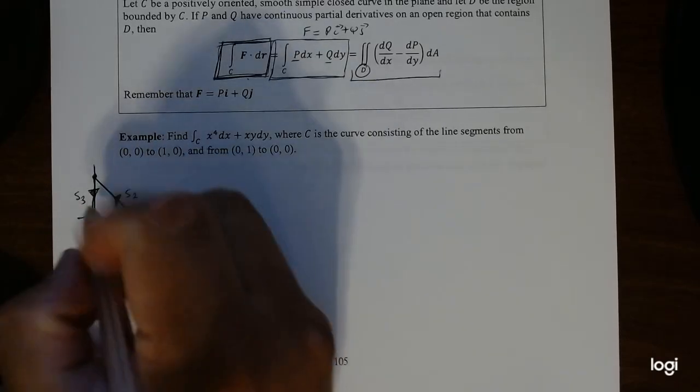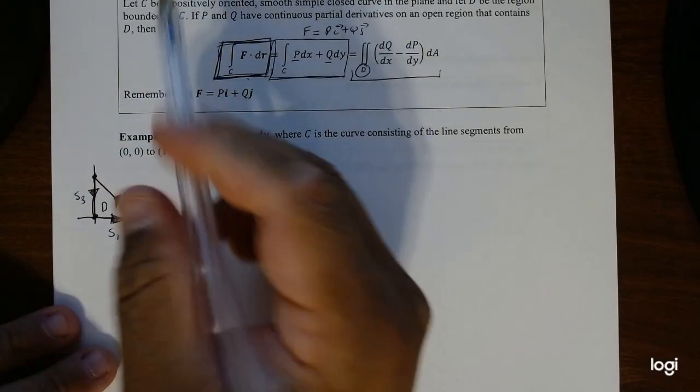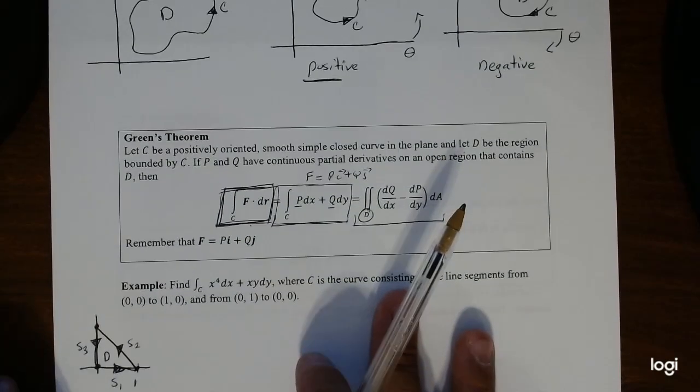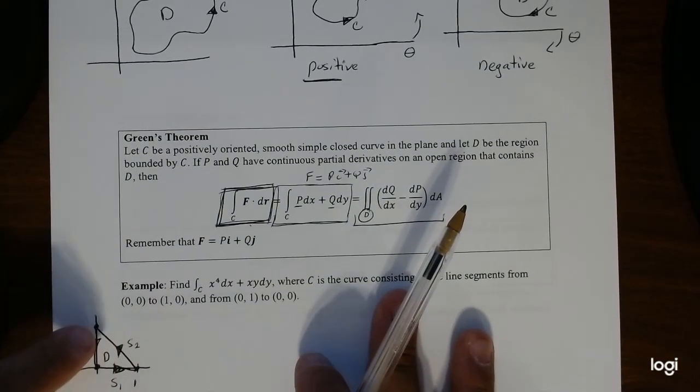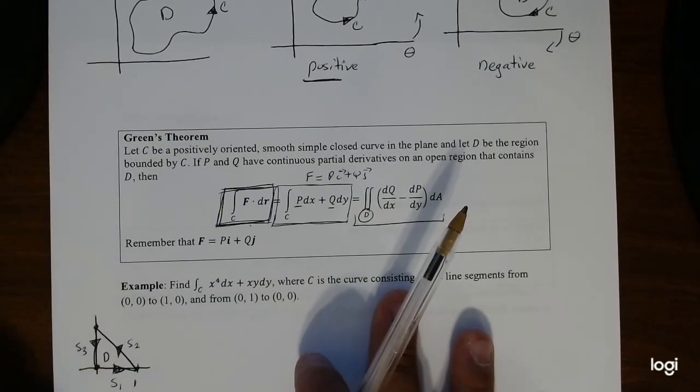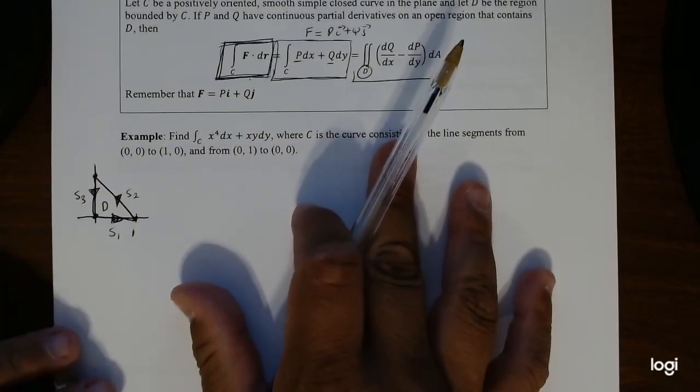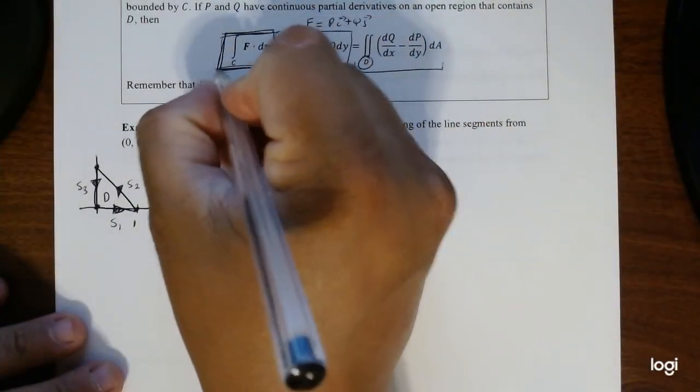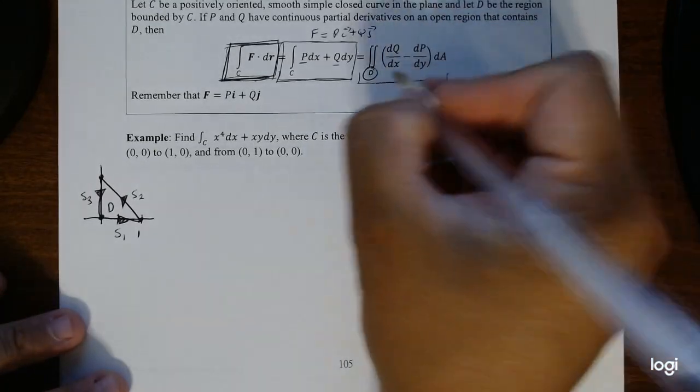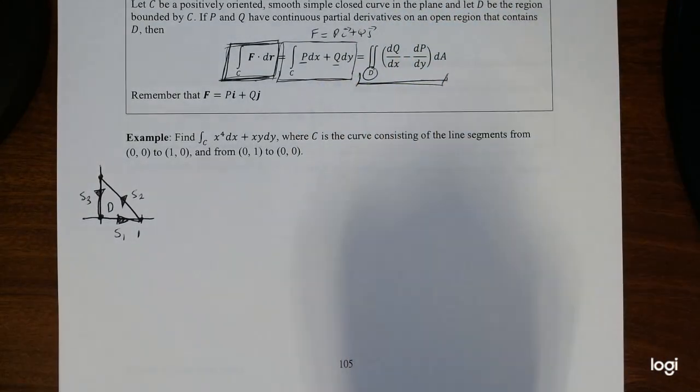This is the region D that we're bounded by. So our curve is technically 3 segments that create this region D. Now, if we want to find this line integral, we're going to break it down using our new equation, Green's theorem.